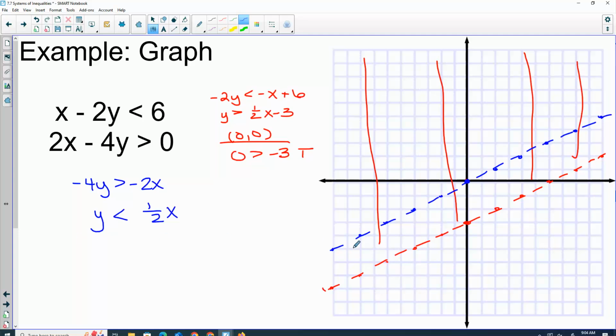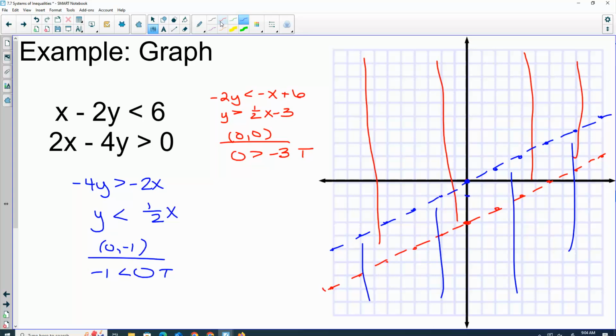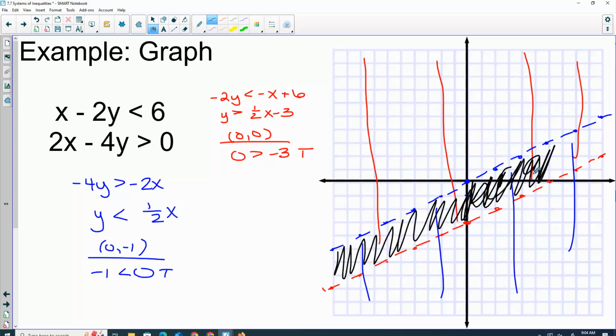Less than would be below, or if you were doing a test point, you can't do 0, 0 this time because it's on the line, but you could maybe do 0, negative 1. If you put that in, you get negative 1 is less than 0, which is true. So you're shading below. My actual answer is the overlap, which in this case is the region between the two parallel lines. Every ordered pair in that black part makes both inequalities true.